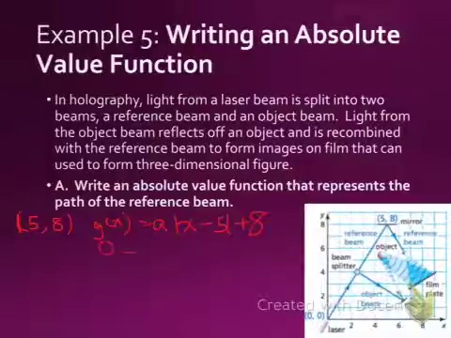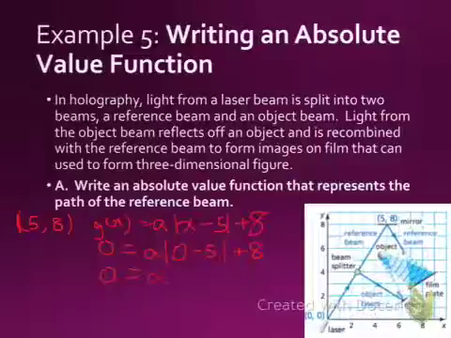So we're going to have 0 equal to a times the absolute value of 0 minus 5 plus 8. Well, 0 minus 5 is a negative 5, so I'll just write that as negative 5a plus 8.